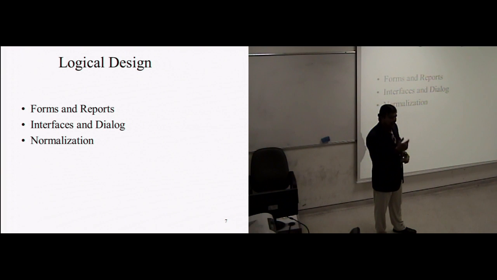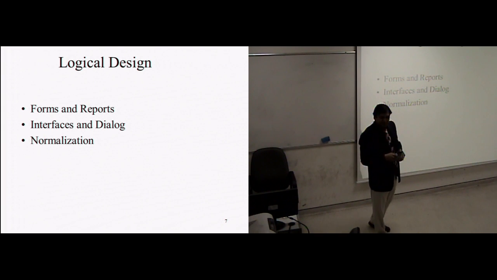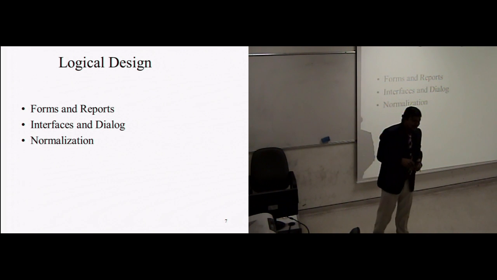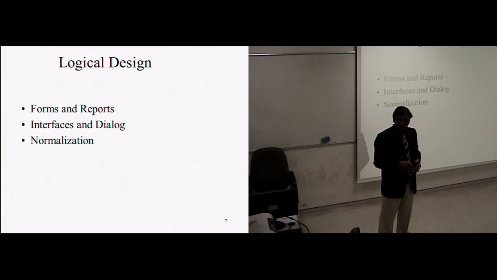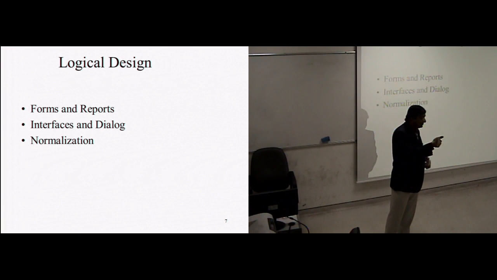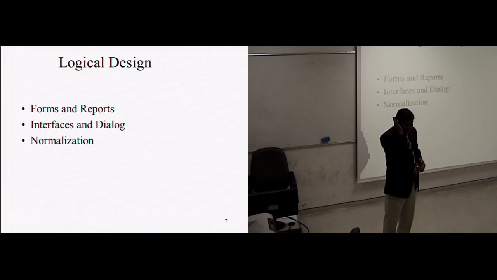Then we have types of normalization. First normal form, second normal form, third normal form, BCNF, fourth normal form. How many forms do we have? I think 8. 3. 9. 12. 6, 9, 12, 18.